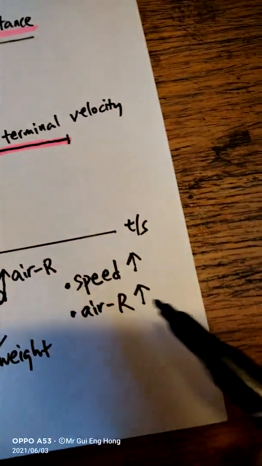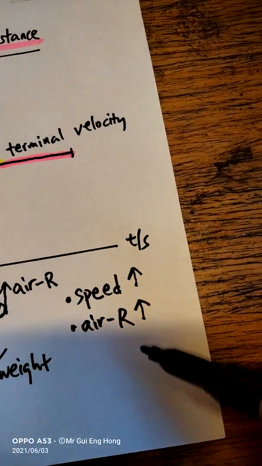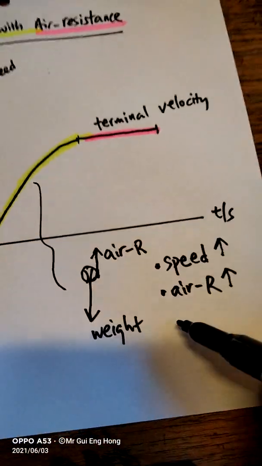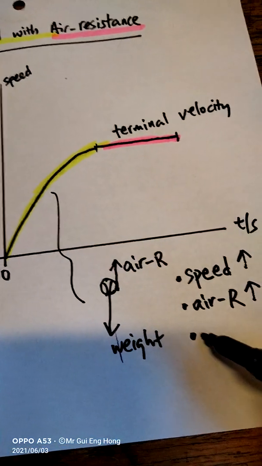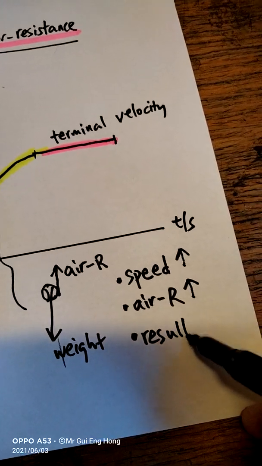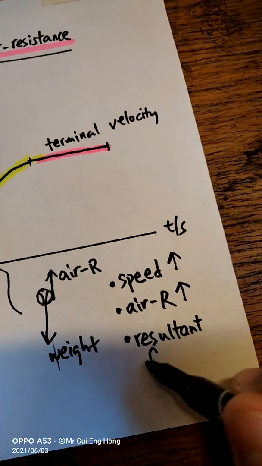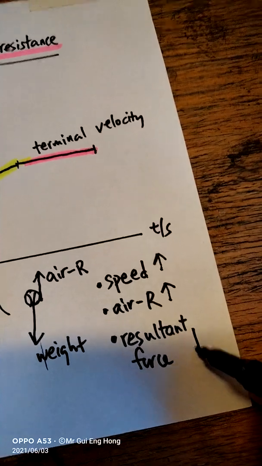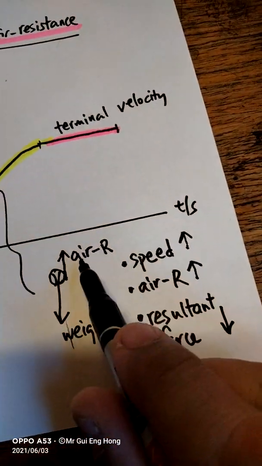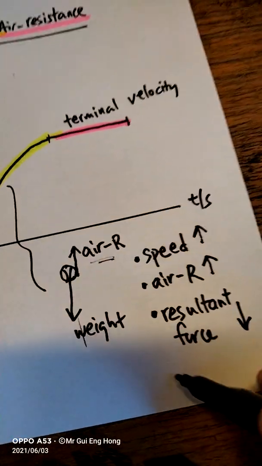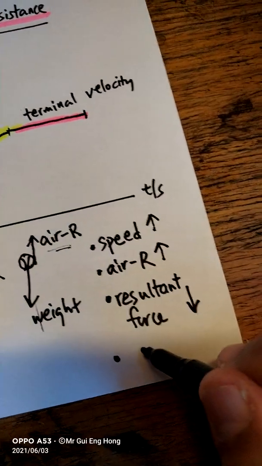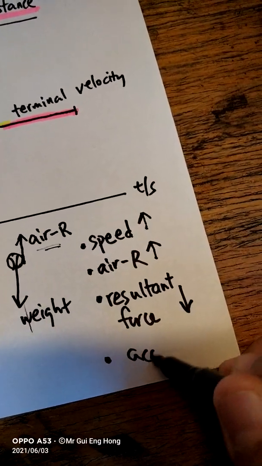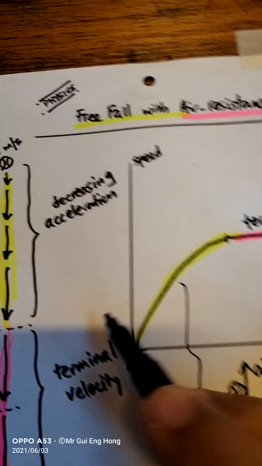It's just like when you ride a bicycle, when you go faster, the air resistance going against you is also higher. Because of that, the weight minus the air resistance, which we call the resultant force, is decreasing, because the air resistance is increasing.